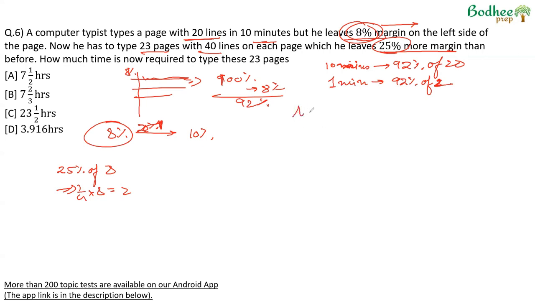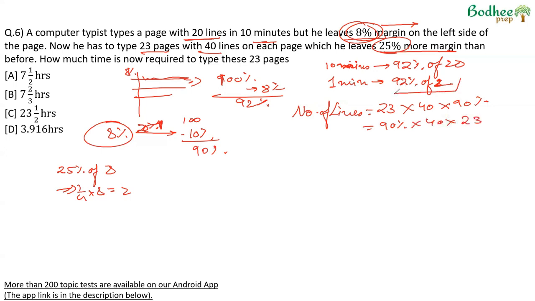So the number of lines to be written is 23 pages having 40 lines each, and out of the entire line 10% is to be left. So for each line 90% is to be written. Hence, the number of lines is 90% of 40 for 23 pages. In 1 minute, this is the amount of lines that can be written.